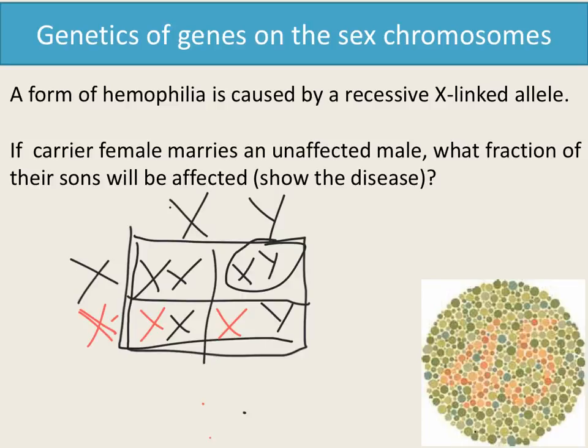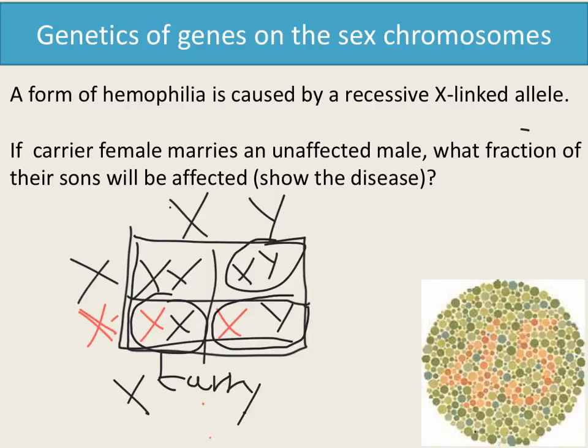If we have a mutant X from the female, and a regular X from the male, like here, we have a carrier female, X carrier. Okay. And if we have an X mutant from the female and a normal Y, we then have a hemophilia son.